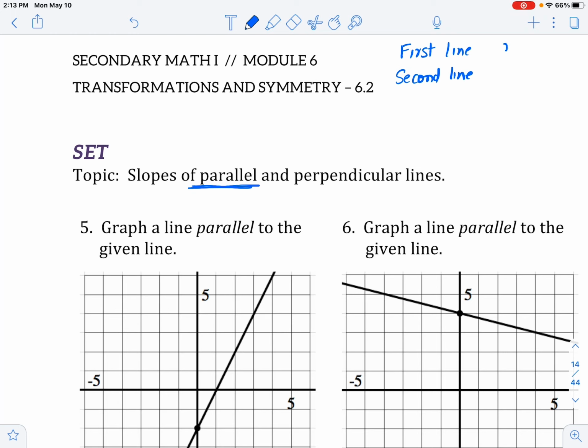The slope for the first line is m1, the slope for the second line is m2. If they're parallel, the slopes are going to be the same, and if they're perpendicular, m1 is equal to the negative reciprocal of m2. You have to flip the number and make it negative. So let's use that strategy.